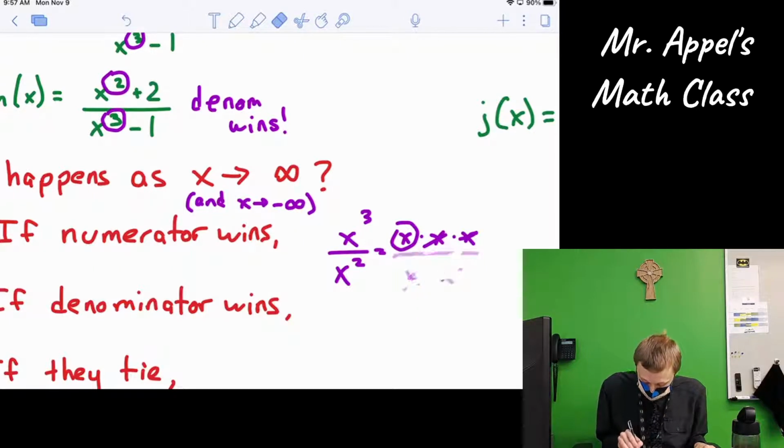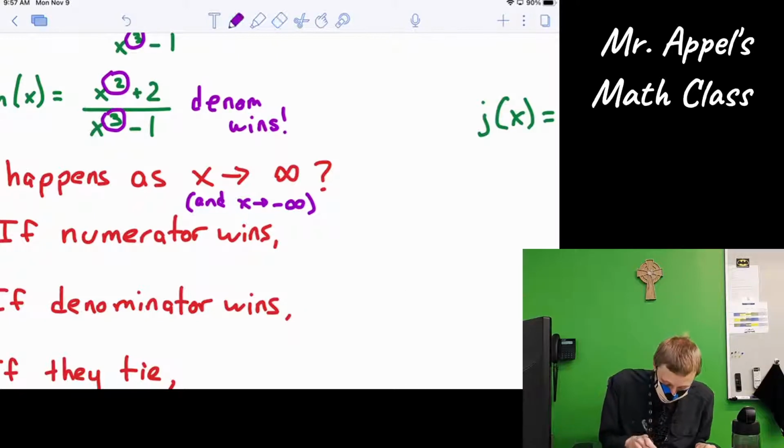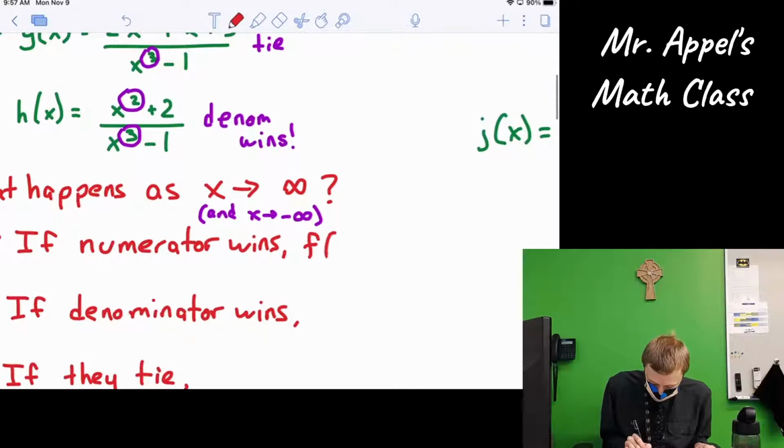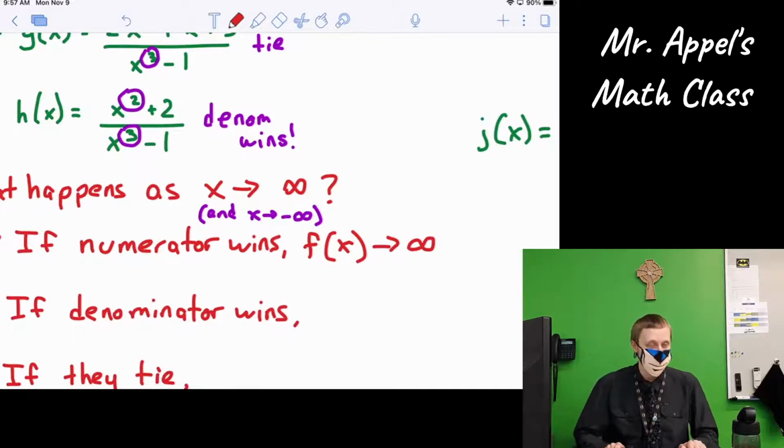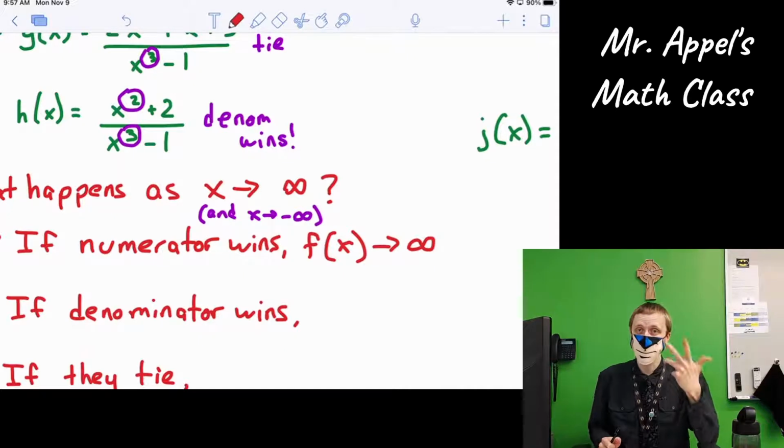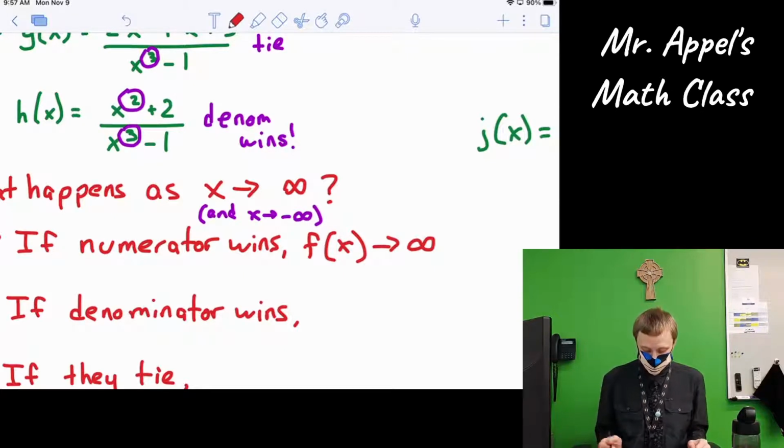So, if the numerator wins, what's going to happen to the function? The function is going to approach infinity, way out there somewhere, in one fashion or another.